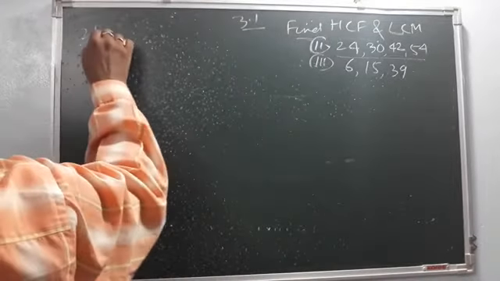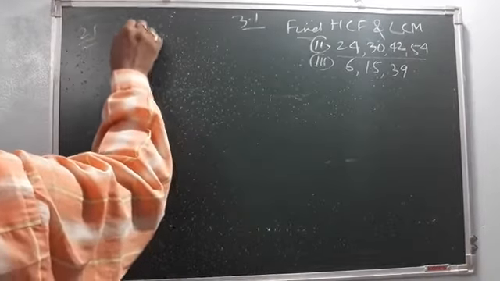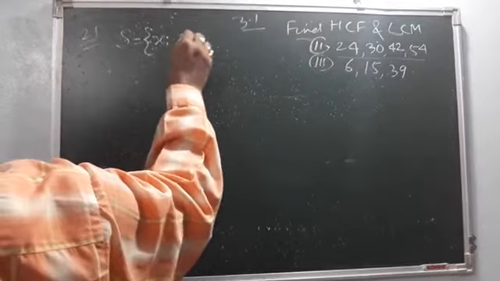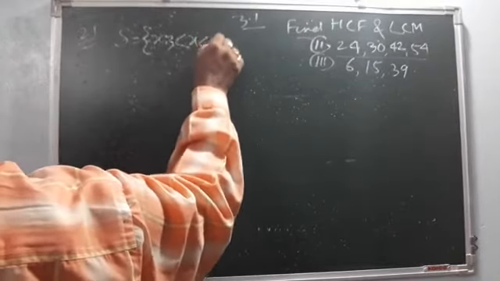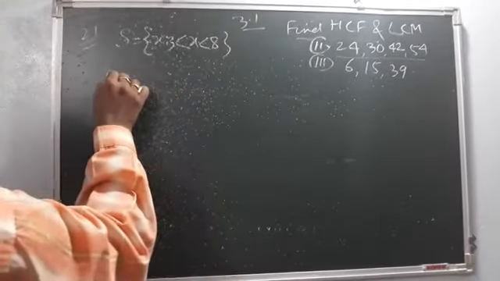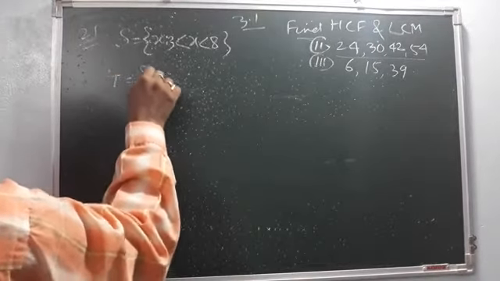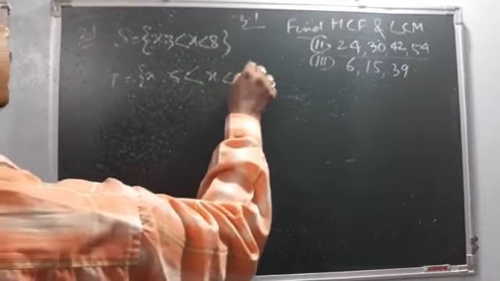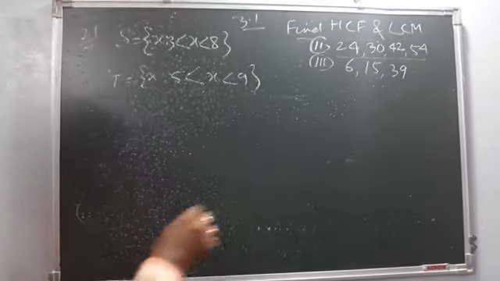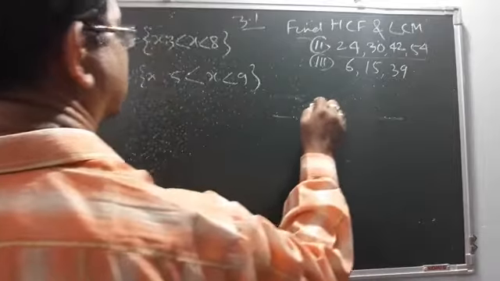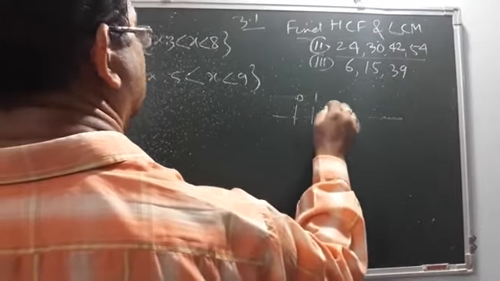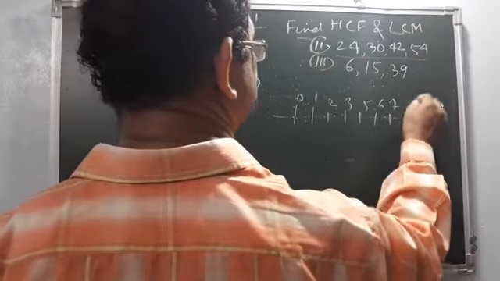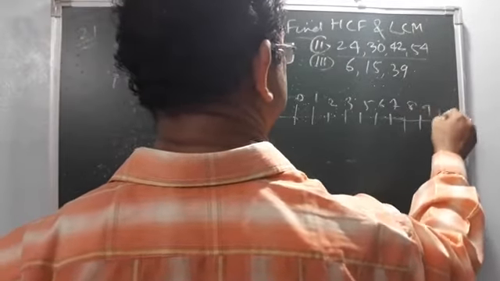They say S is given, x lies between 3 and 8. And T, they say x such that it lies between 5 and 9. So you see that if we consider the number line 0, 1, 2, 3, 4, 5, 6, 7, 8, 9, 10.